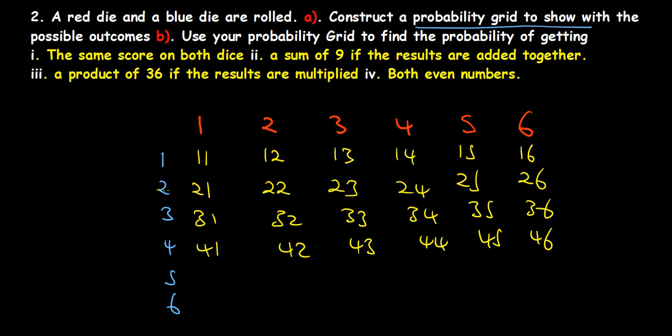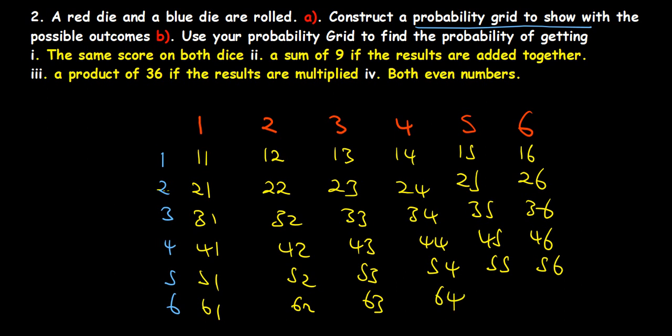Then 5, 1, 5, 2, 5, 3, 5, 4, 5, 5, and then 5, 6. And then 6, 1, 6, 2, 6, 3, 6, 4, 6, 5, and then 6, 6.